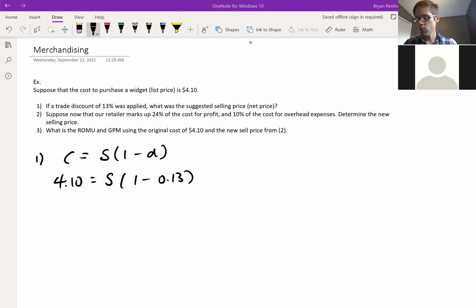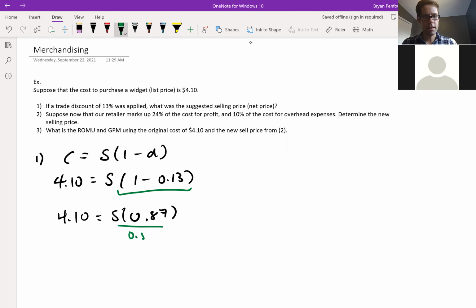Now from here, I might want to just follow the order of operations, and I might want to do this subtraction first. That's not right. So this would be 0.87. And then I could divide both sides by 0.87 to obtain the suggested selling price from our supplier.